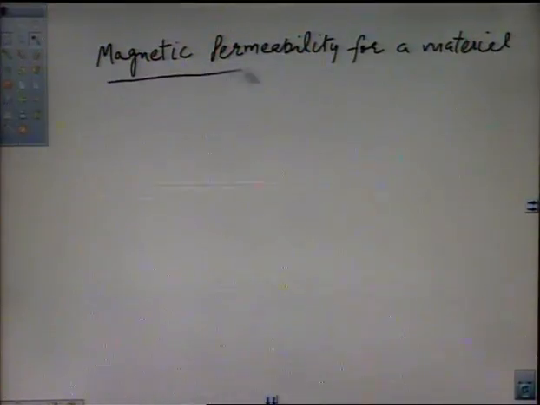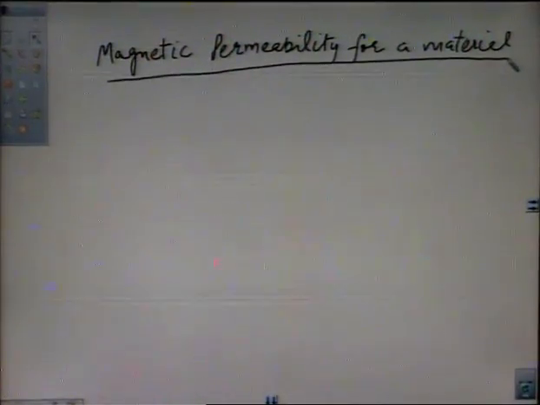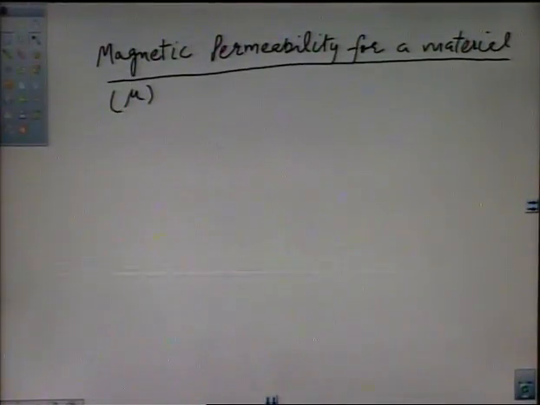The next topic is the magnetic permeability. We have various types of magnetic materials, like paramagnetic, ferromagnetic and diamagnetic materials. So we define a term magnetic permeability, which is denoted by mu.